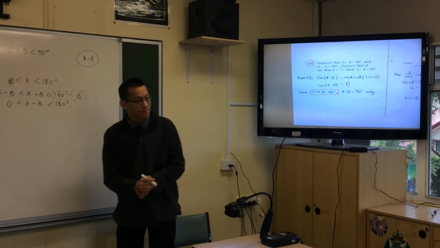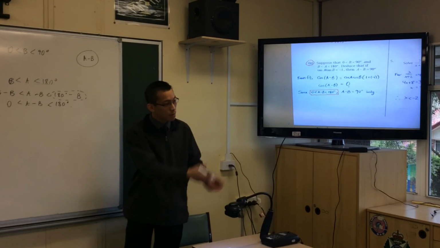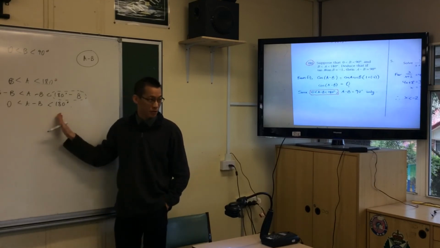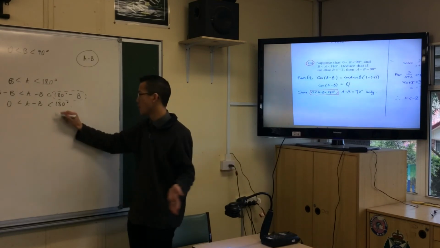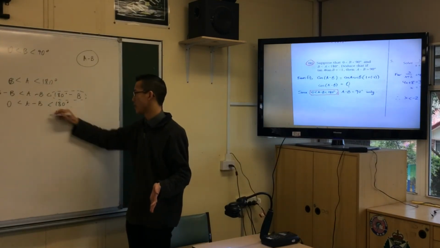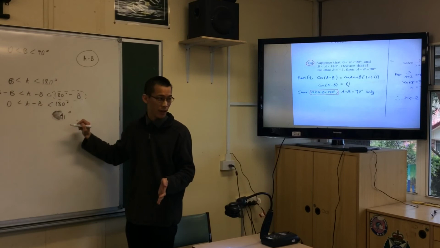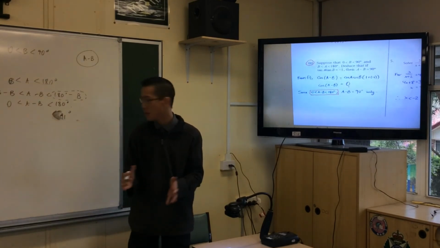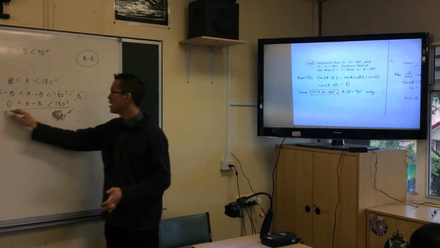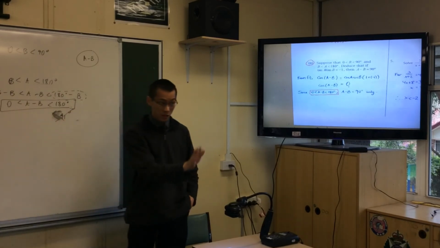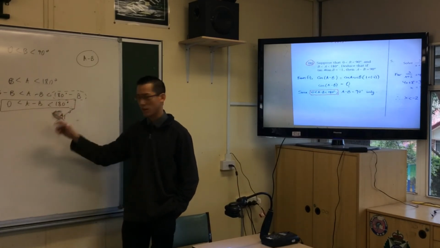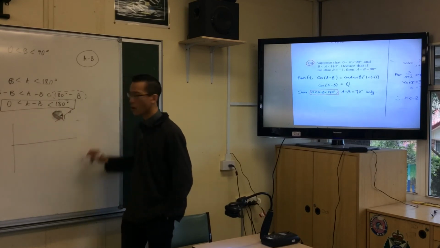Okay. What if it's 90? What if it's 89? Well, it could be, but I don't know that for certain. So I can't say if it were 89, then I would know that this would be 91, wouldn't it? But I don't know that. I don't know that, so I can't say it. All I really know is this. Now, as it turns out, that would still be okay because if I use this restriction, let's think about what cos looks like.